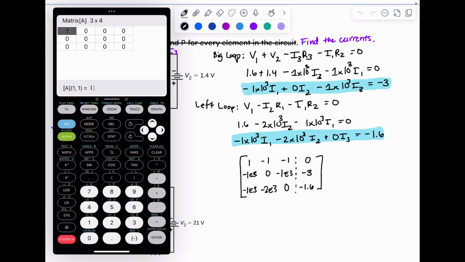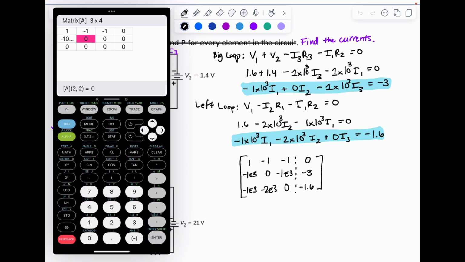So we have 1, -1, -1, and 0. -1E3. Oh, this one doesn't like scientific notation. So -1000.